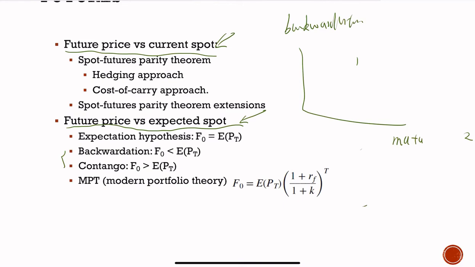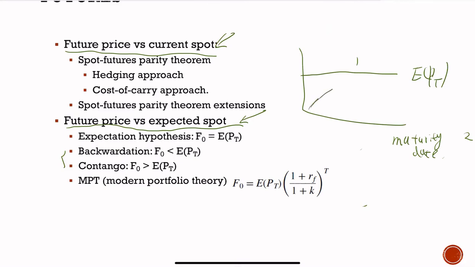crazy here. So let's say this is the maturity date or the delivery date. Then let's say this is the expectation of the future spot price. Now what you can see here is if we have backwardation, then in the beginning this future price will be lower.